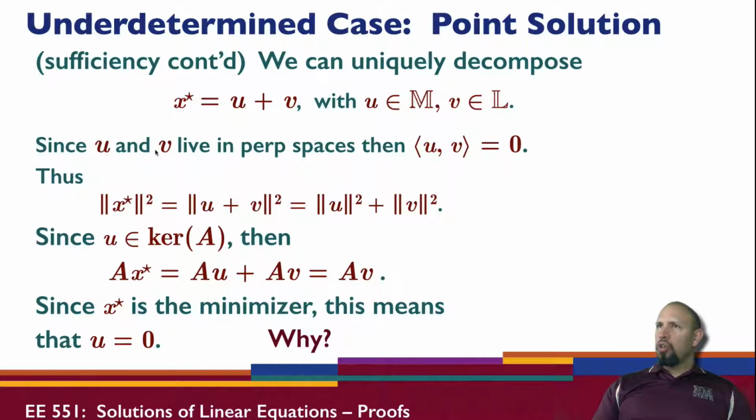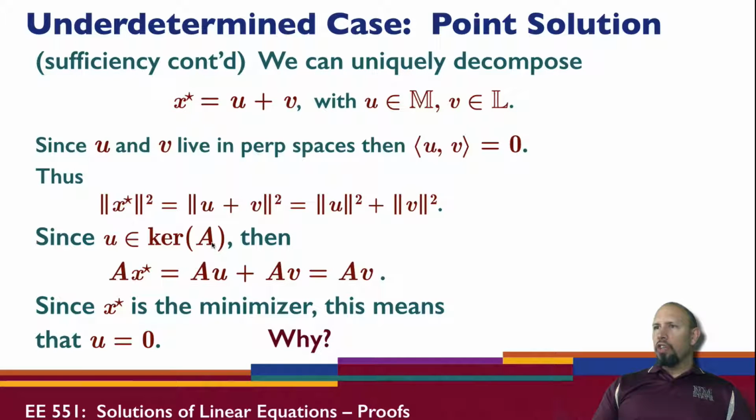Since U and V live in perp spaces, their inner product is 0. And so the norm of x star squared is equal to the norm of U plus V squared, and by the lemma in the lecture, because these are orthogonal, their sum norm squared is equal to the sum of the norms squared.